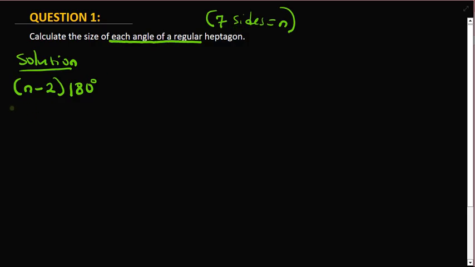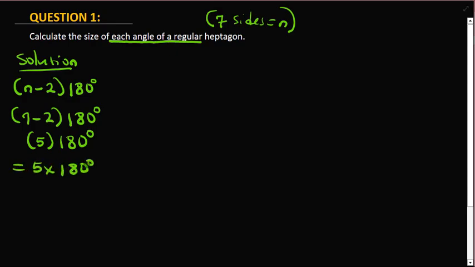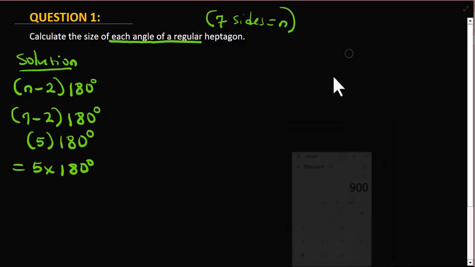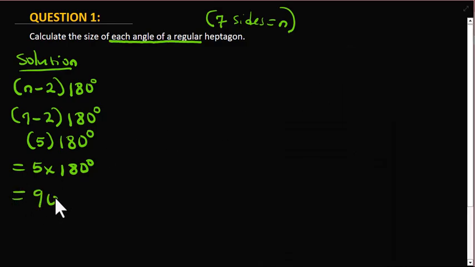So here we can now substitute. We say (7 minus 2) brackets 180 degrees, and 7 minus 2 is what? It is 5. 5 multiplied by 180 degrees. Since we have a bracket, we are going to multiply, or I can as well simply write 5 times 180 degrees, the same thing. So 5 multiplied by 180 degrees gives us 900 degrees.